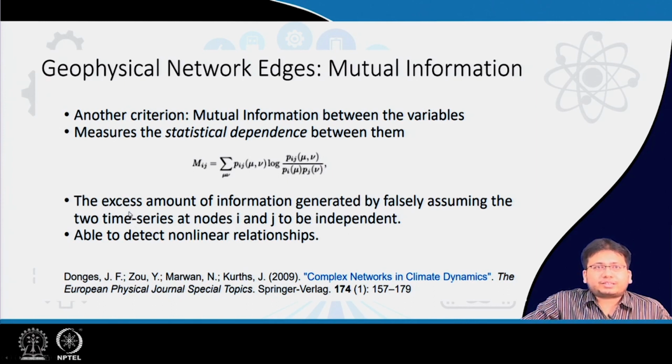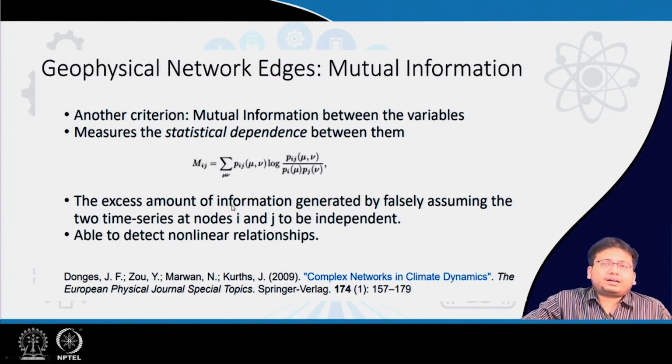In a sense it is like the excess amount of information generated by falsely assuming that the nodes at I and j are independent of each other. So this mutual information is another measure of similarity between two nodes which have a time series attached with them, and it is also able to detect nonlinear relationships.